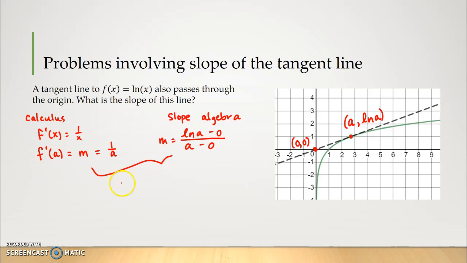They're both slopes, so they should be equal to each other. So 1 over a should equal natural log of a over a, which means that 1 should equal natural log of a, which means that e to the 1 should equal a, which means that a has to be e, which means the slope of the line would be 1 over e.